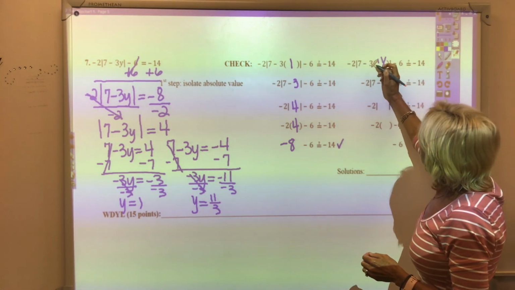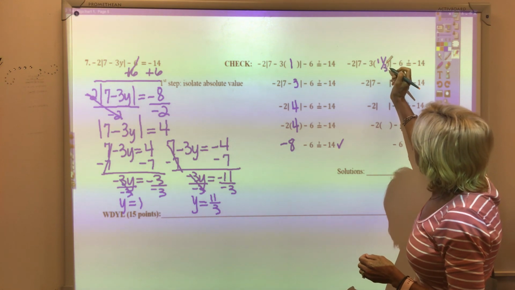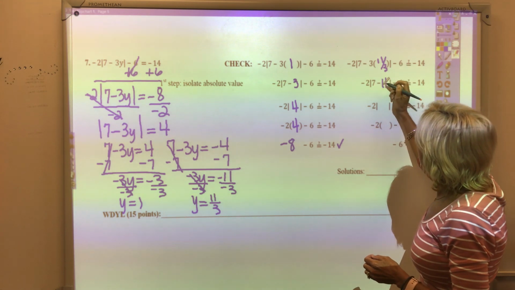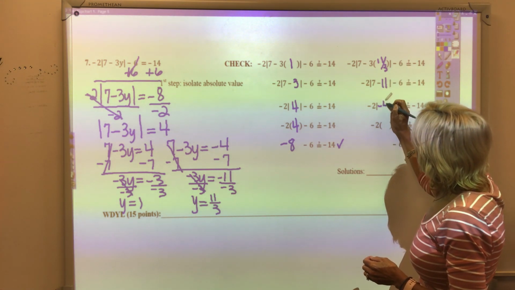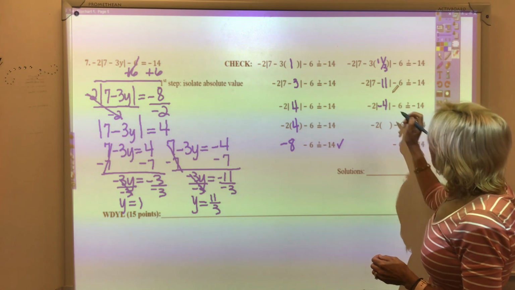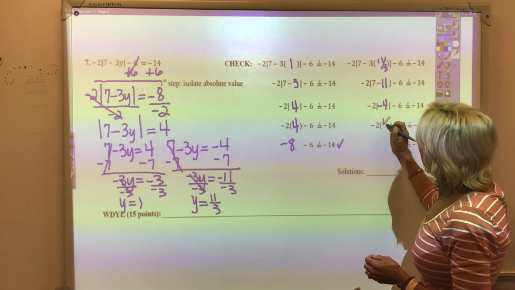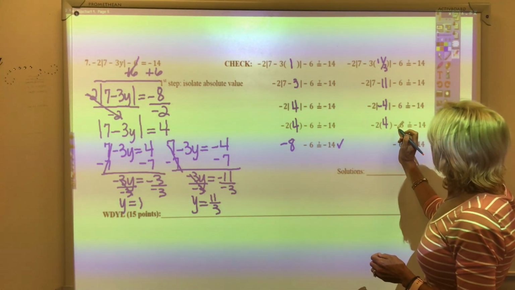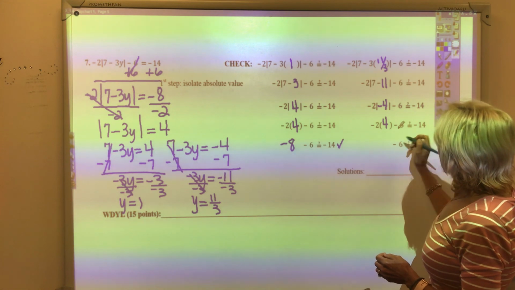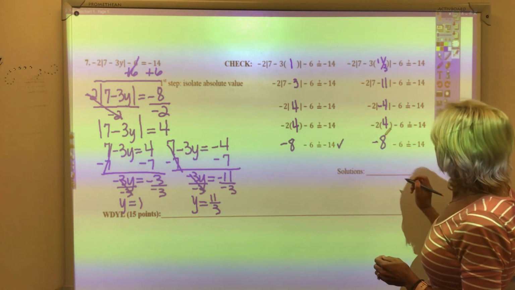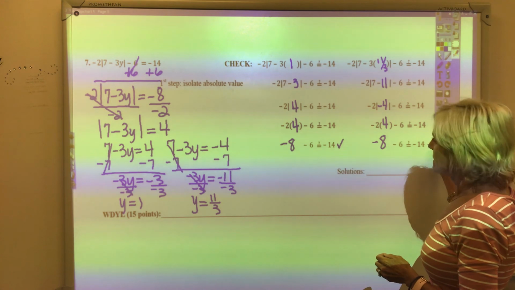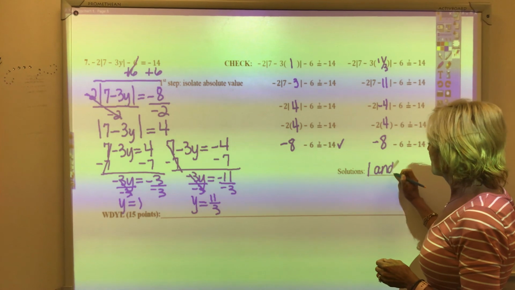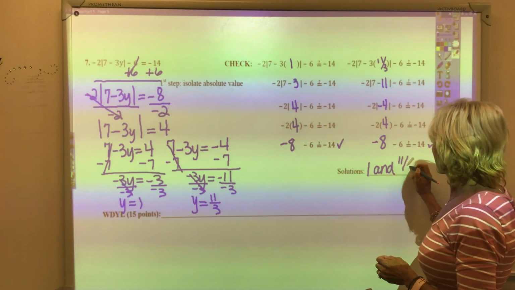On this one, 3 times 11/3 would give us 11 because the 3's would cancel. 7 minus 11 is negative 4. The absolute value of negative 4 is 4. Negative 8 minus 6 equals negative 14. So both solutions work, 1 and 11/3.